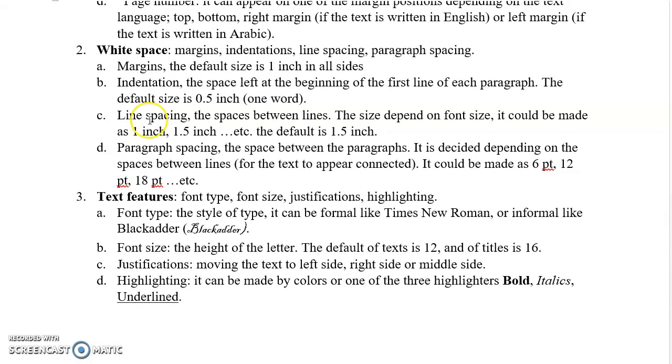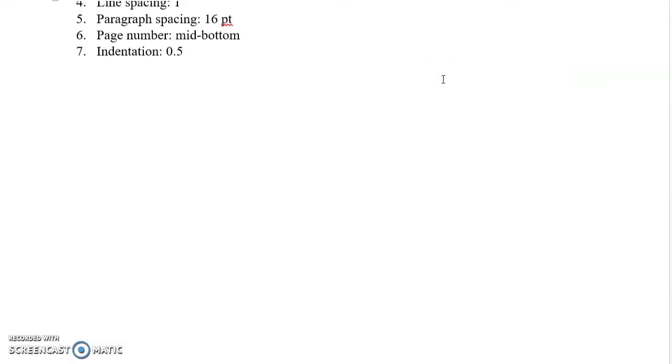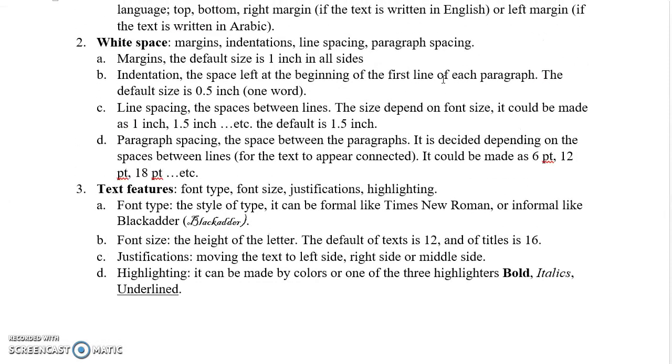The third one is line spacing. It means the space left between lines. Suppose that I am making a text like this one. I have to decide the size of the space left between these lines, and the default one, as it's written here, depends on the font size and the font type.